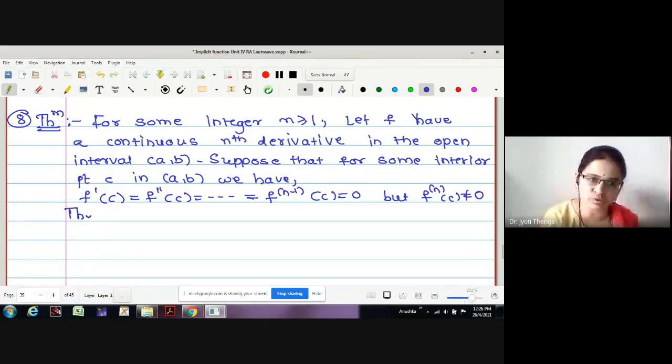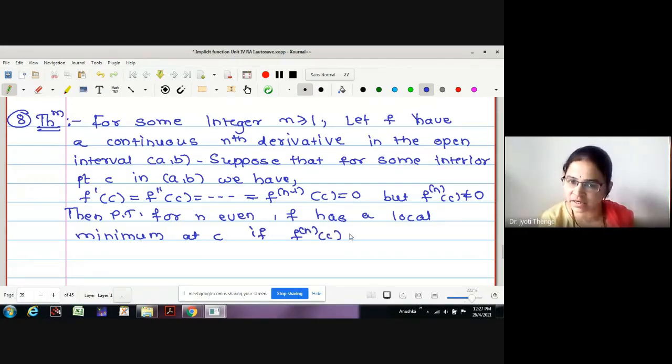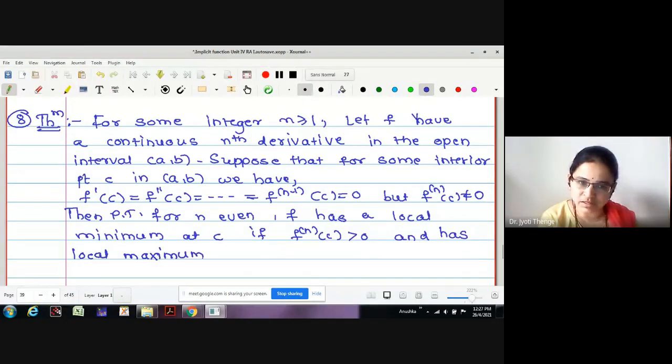Then it is asked to prove that for n even, f has a local minimum at C if the nth derivative at the point C is greater than 0, and has a local maximum at C if f n of C is less than 0.